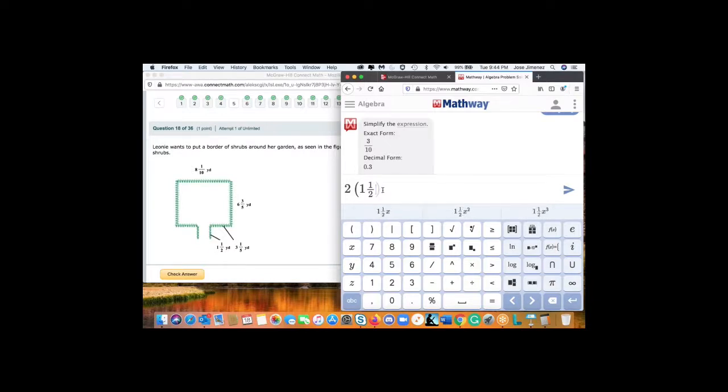Oh no, sorry, I have a plus 3, and then I have 1/5, 1/5, and then a plus, I have 6, then I have 3 on top and 5 on the bottom, and plus.